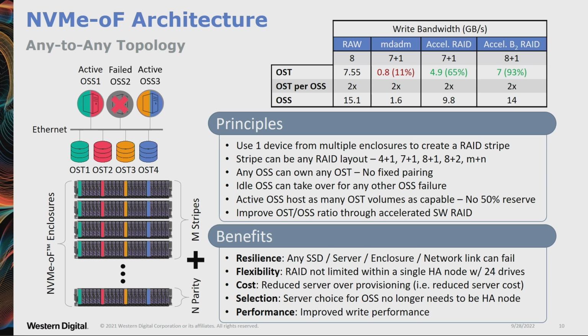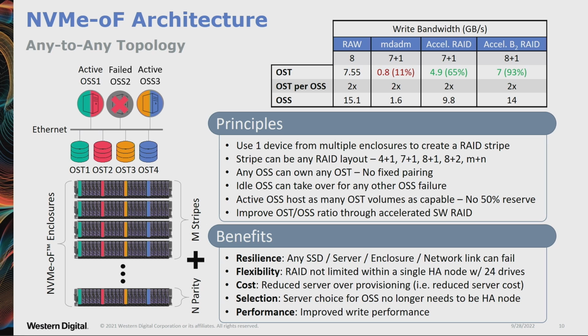You have 2 OST per OSS, and at the OSS level, you have twice, so about 15 gigabytes. With the MDM, without any acceleration, you only end up with 11% of write bandwidth.